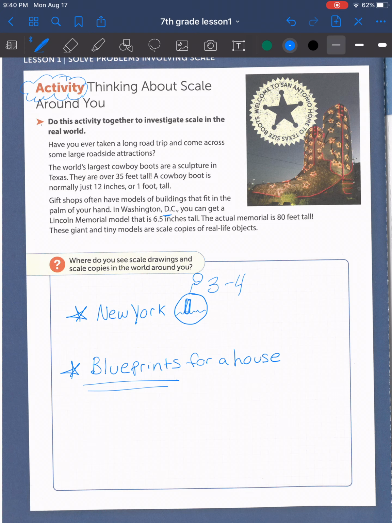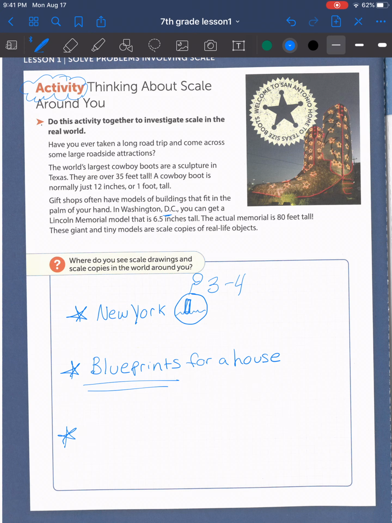So I created a blueprint of my living room, for example, when we were getting new furniture, and it was not to scale. It was just me doodling, and things did not fit how I thought they were going to fit once the furniture was all there. So super important to actually have measurements and your math done correctly.